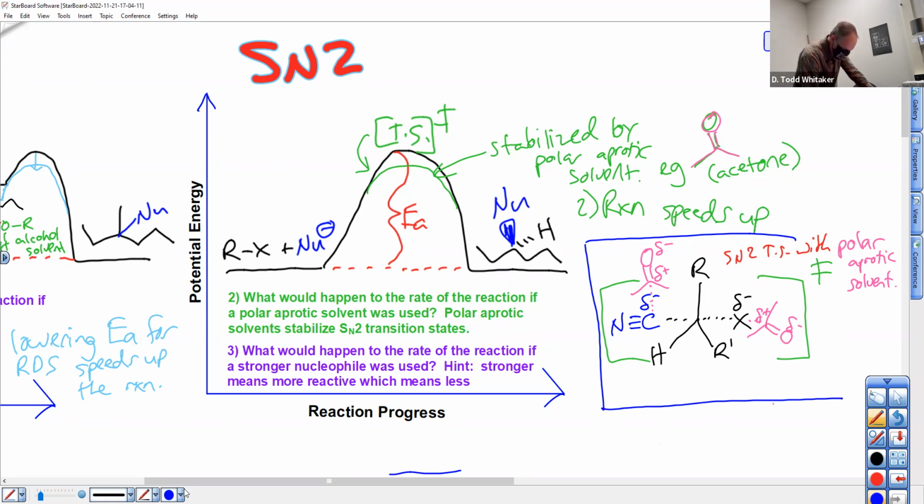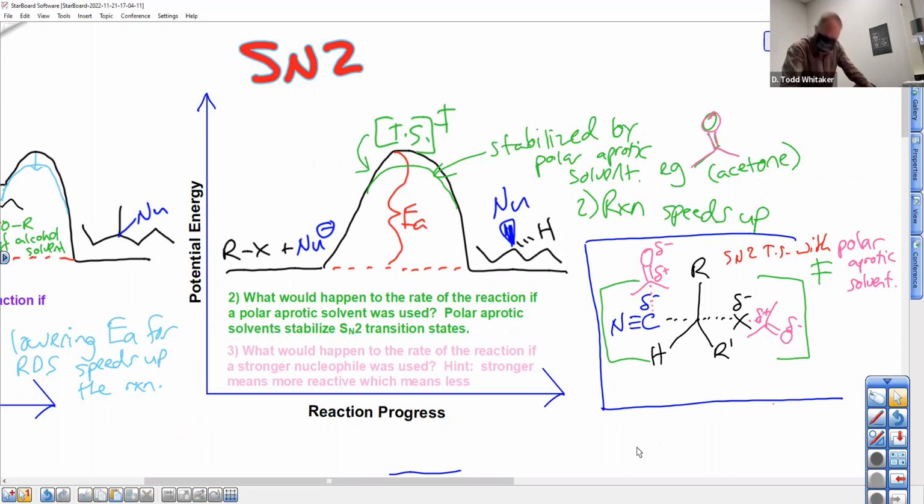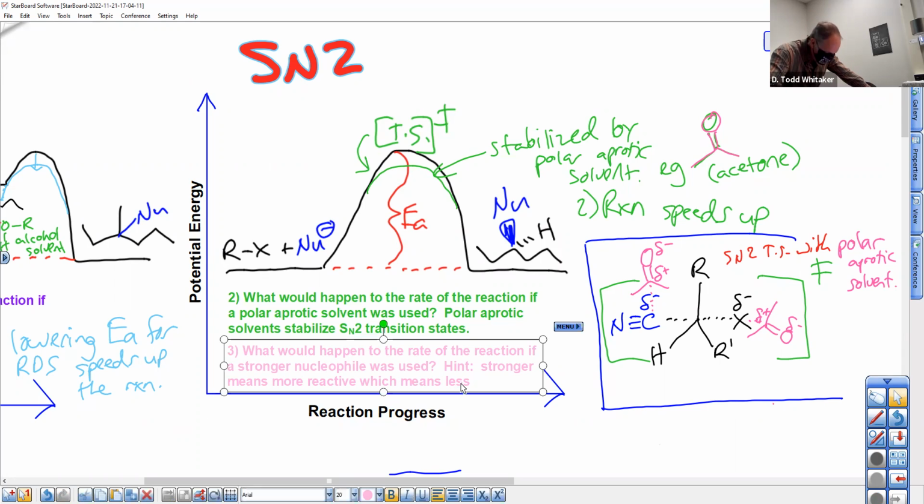Question 3 will be in, I don't know, light pink. Oops. Highlight it first, then change its color. There we go. What would happen to the rate of the reaction if a stronger nucleophile was used? Stronger means less stable. Oh, I didn't write the word stable.